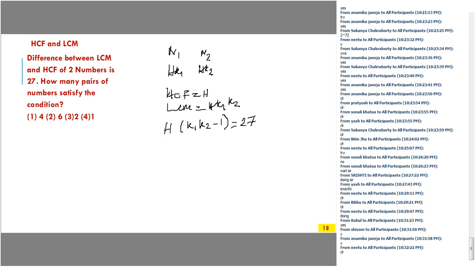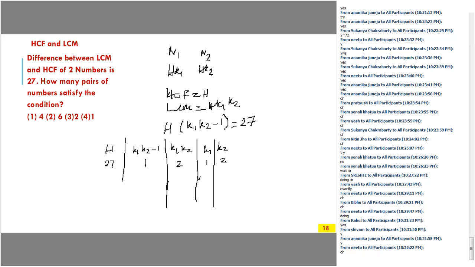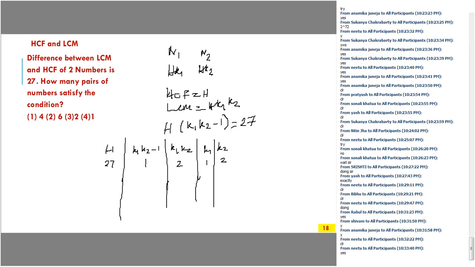So H, they're writing this number. So 27 into 1 will become 2.